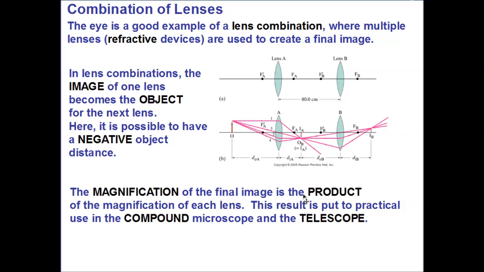And this is a common feature of the compound machines as well, where the mechanical advantage of one machine is multiplied by the mechanical advantage of the next machine in order for us to get some very large mechanical advantages. Similarly, we rely on the product of the magnifications of these lenses to create a very large or very magnified image as well.